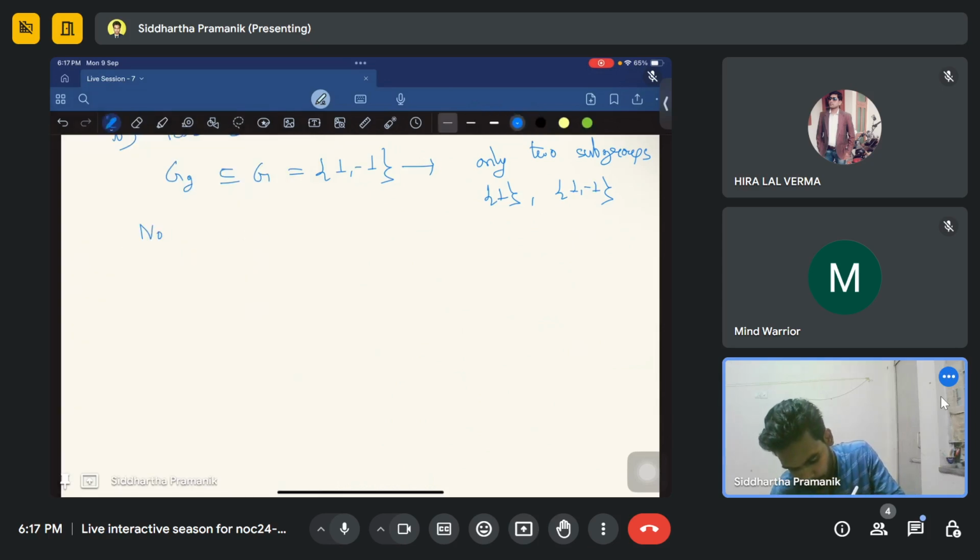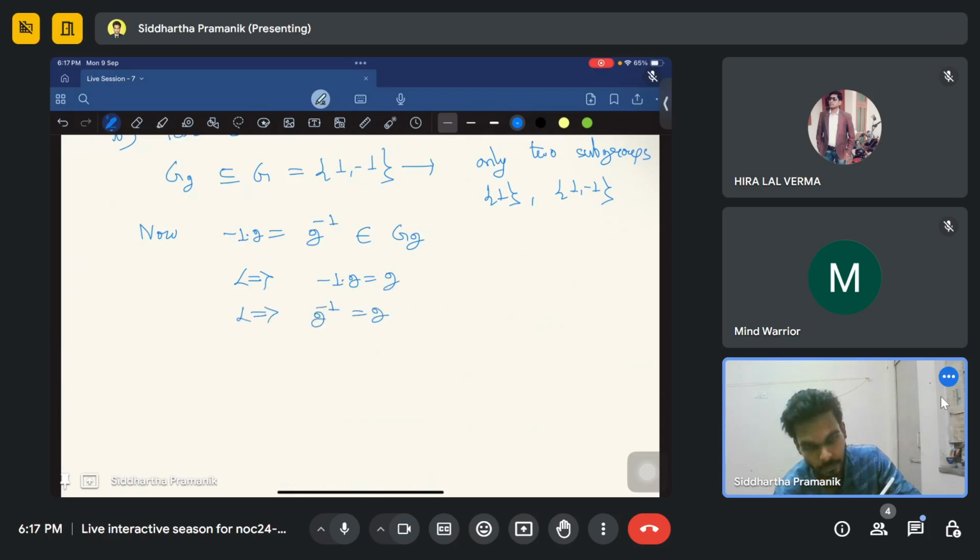Now minus 1 dot g is same as g inverse. So it will belong to the stabilizer if and only if minus 1 dot g is equal to g, and that will imply g inverse is equal to g. So this implies g square is identity.